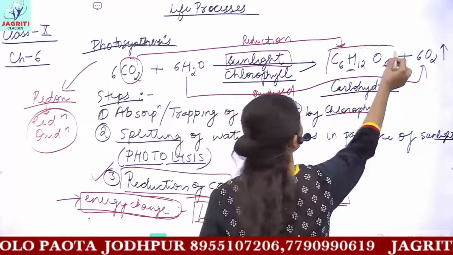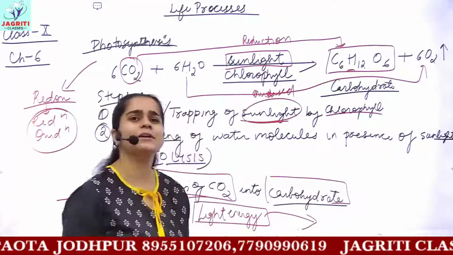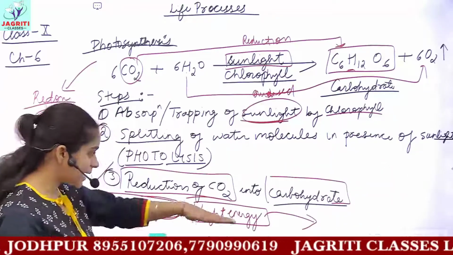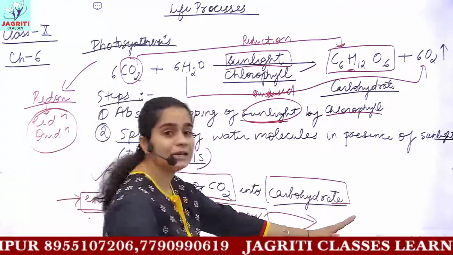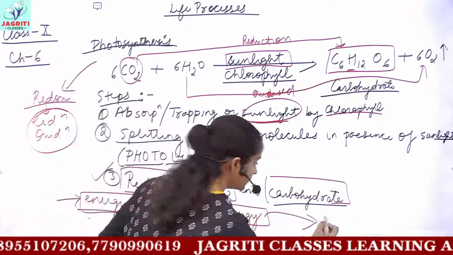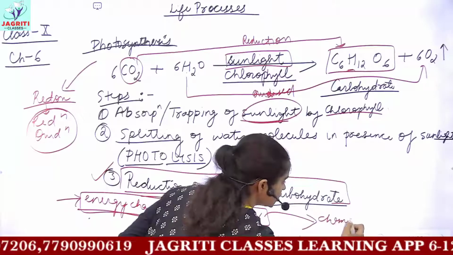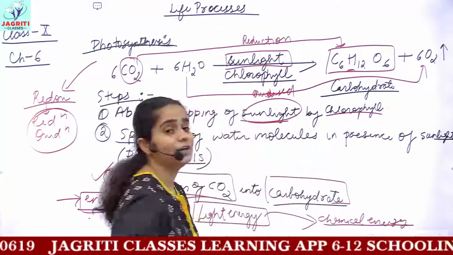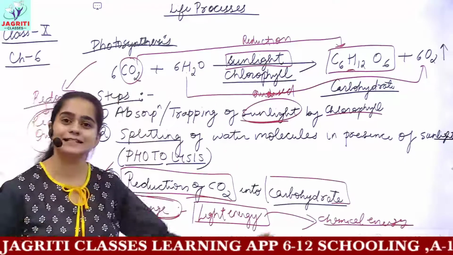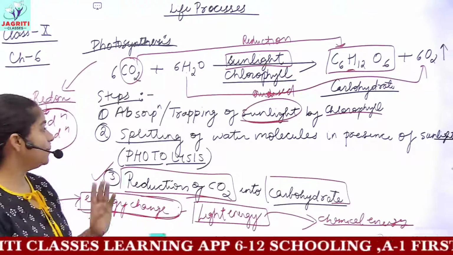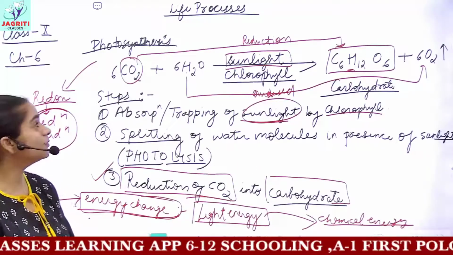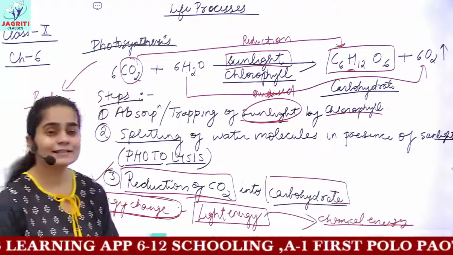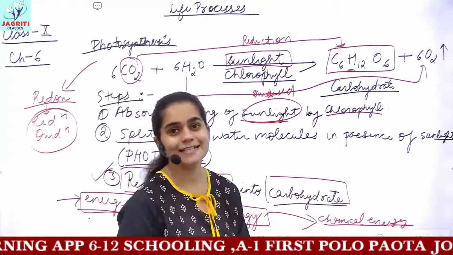And this you know is a chemical substance. So you say that light energy is ultimately converting to chemical energy. So this is the energy conversion involved in photosynthesis process. I hope everything is clear enough, because we have already discussed the rest part of photosynthesis in our previous video also.